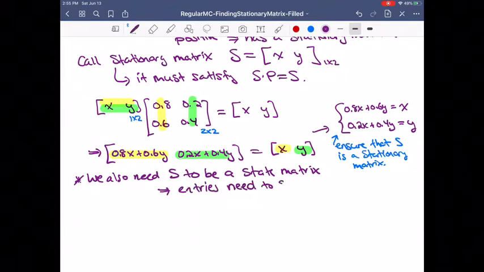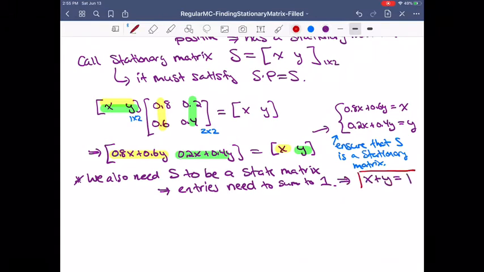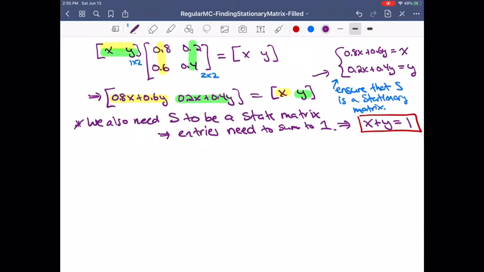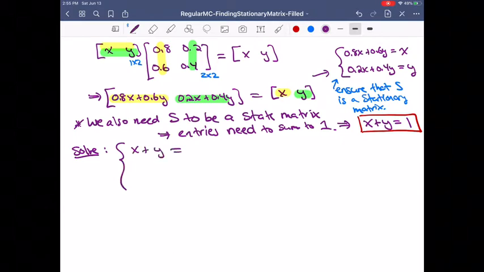So what that means is we get this extra equation, x plus y equals 1. We need to make sure that that happens as well. So what I want to do is solve a system of equations. So I have x plus y equals 1.